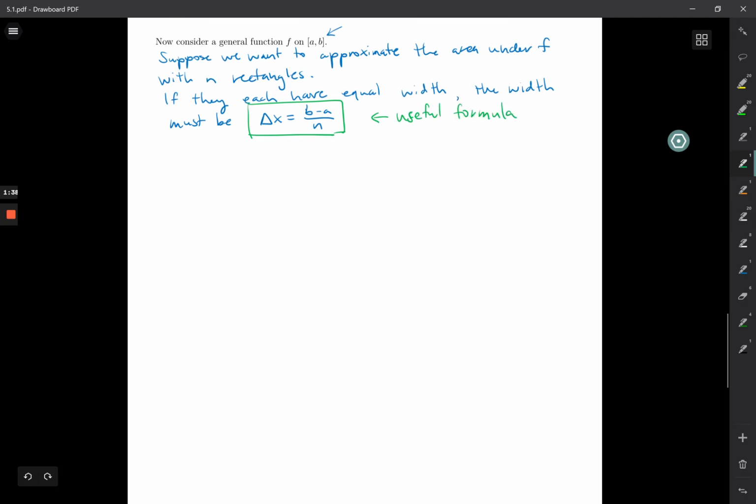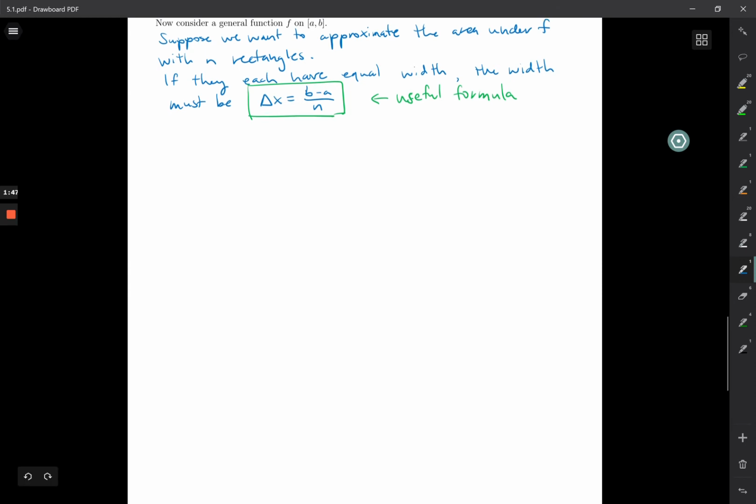Right. Okay. Now, what we're going to do is figure out what the endpoints of the intervals are. Just to write these down, we don't have a graph of a function right now, but that's okay.